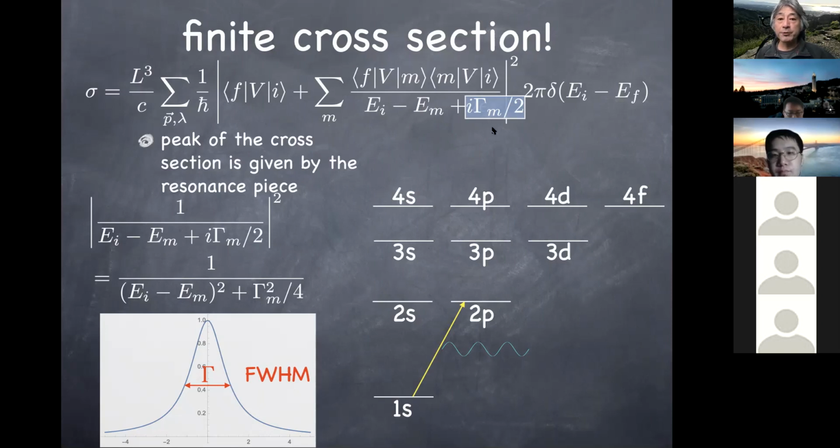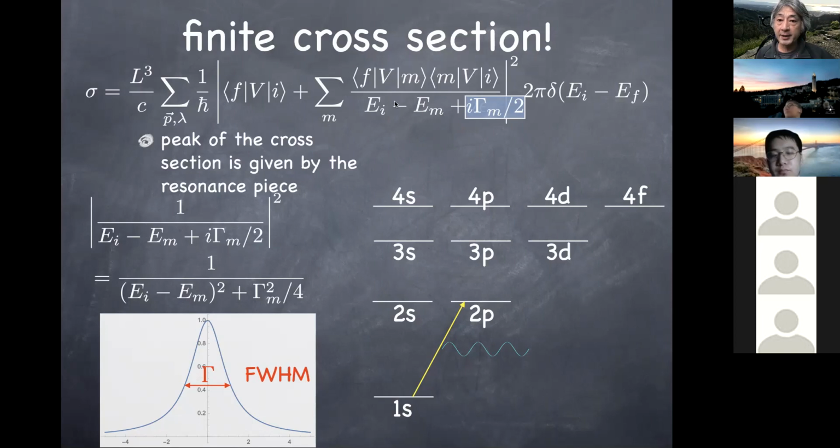So if you view this cross-section as a function of the energy of the photon you send in, the second term becomes large, so I can ignore the first term and just focus on the second term and look at the behavior coming from this nearly vanishing denominator. So that's this expression over here.